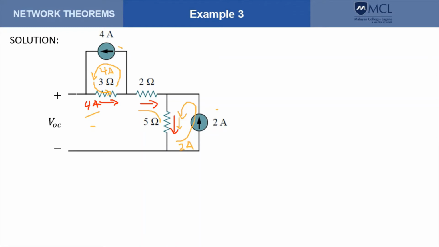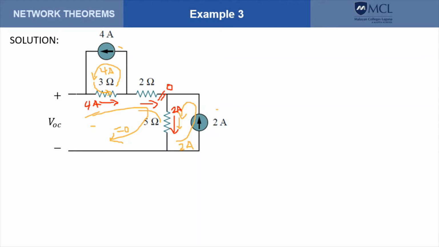So the current through the 5 ohms is also the loop current, 2 amperes. Now for the 2 ohms, the loop current that is supposed to pass through that resistance is this loop current, but this loop current is 0, so the current here is 0.